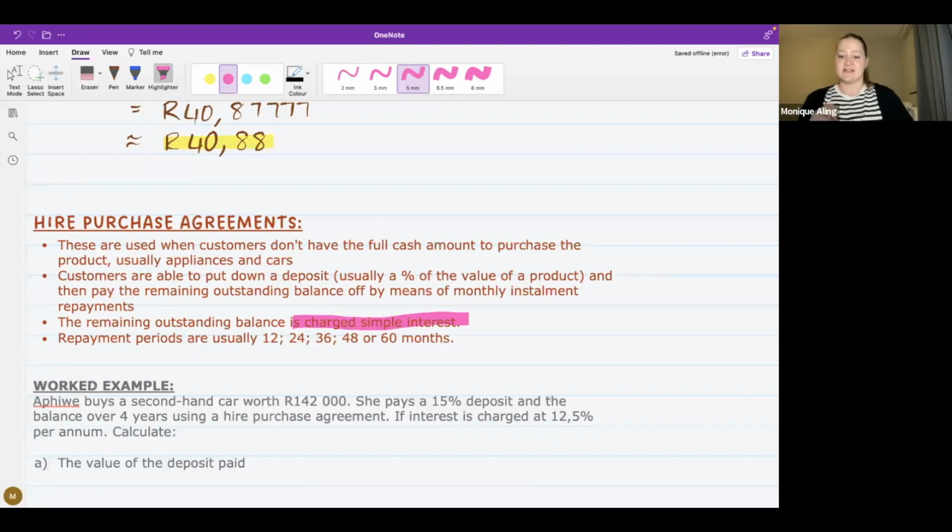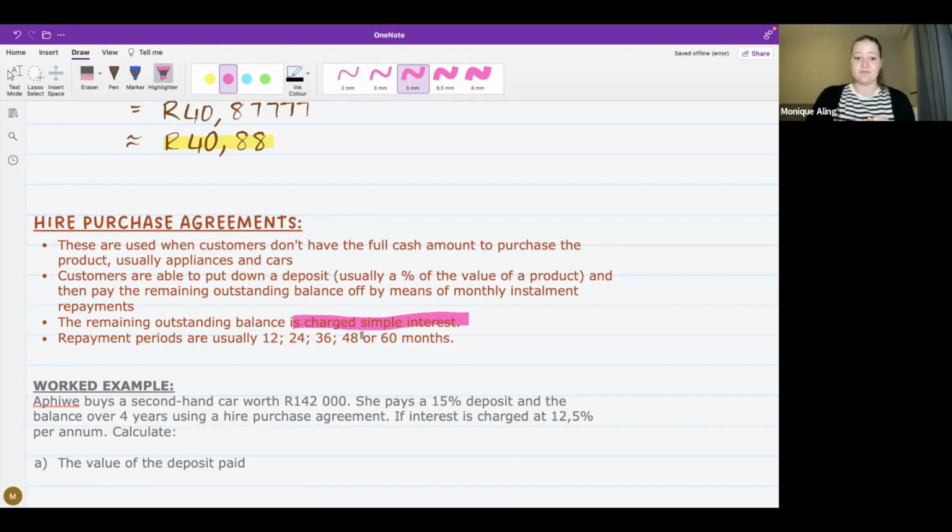So that is the nice interest to work out. Okay, so something new. When you can't pay for something in full in cash, you pay a little portion of it and the remainder you pay off in equal installments, but obviously because it is a loan, you have to pay interest on top of that.